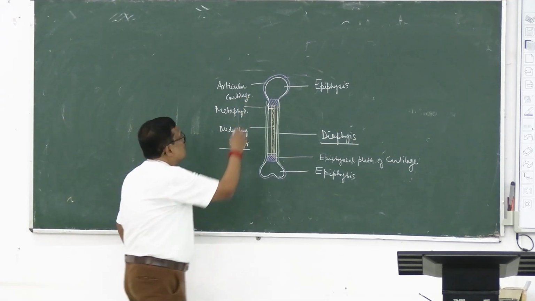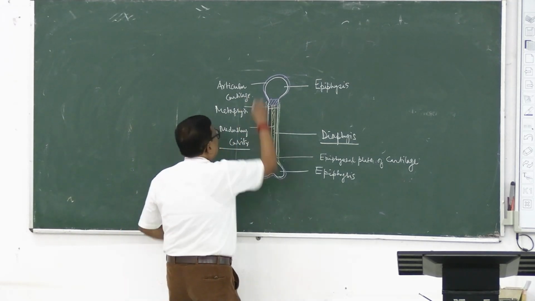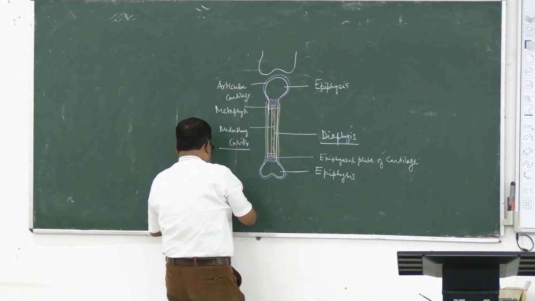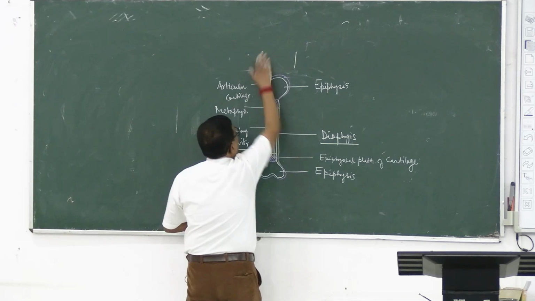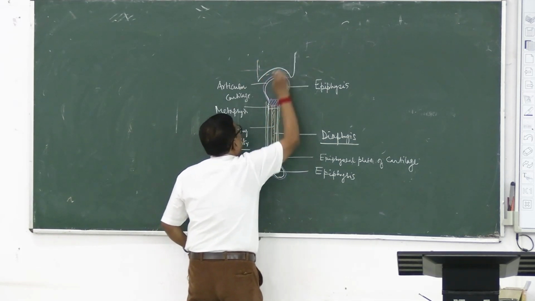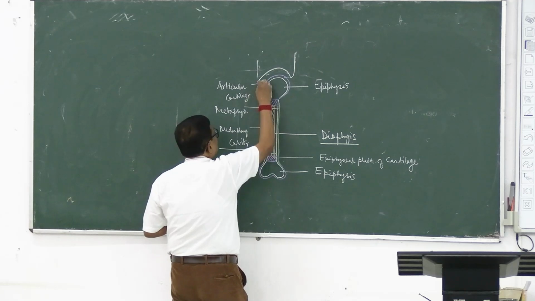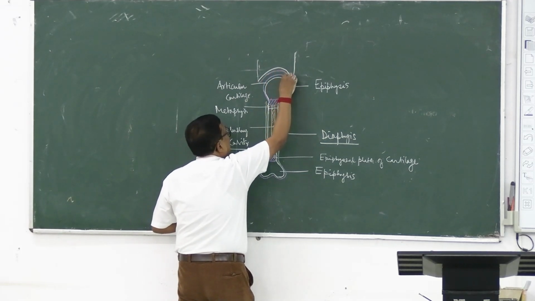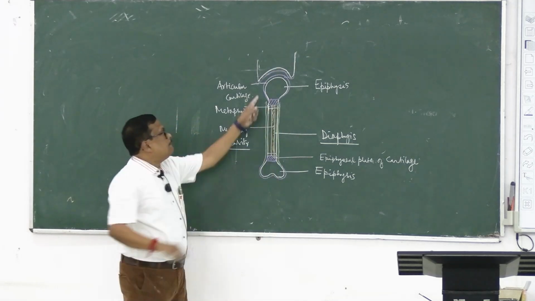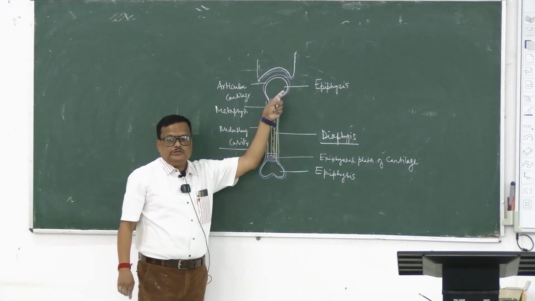As the upper end usually forms a joint, it is also covered by a cartilage.